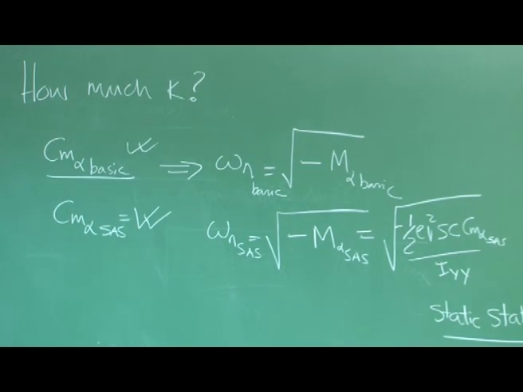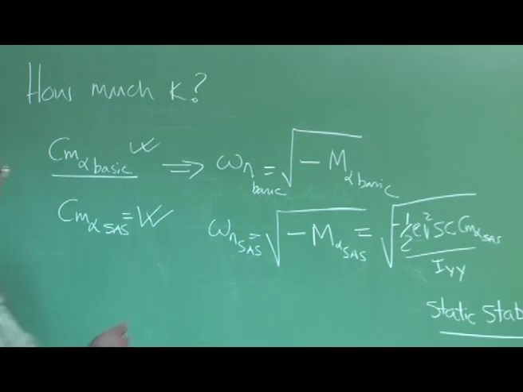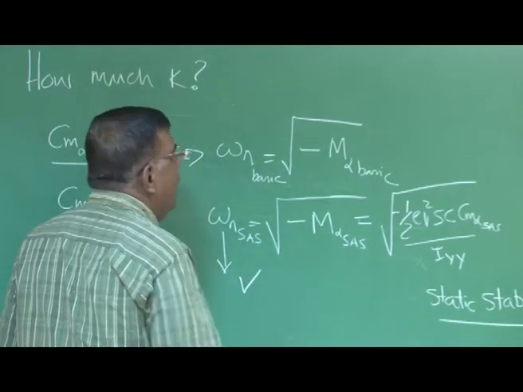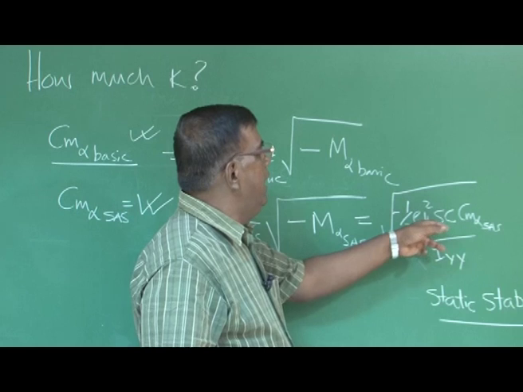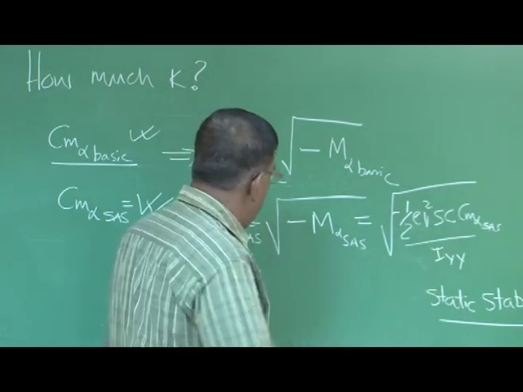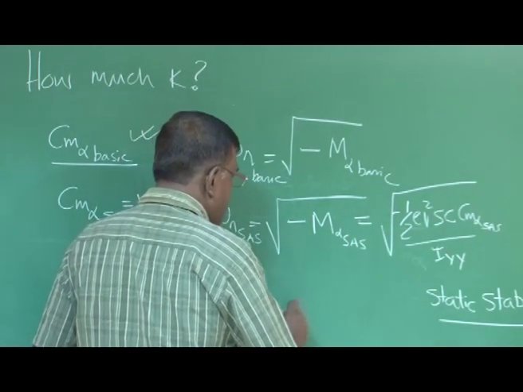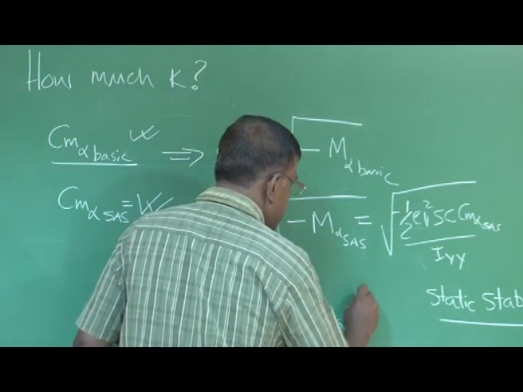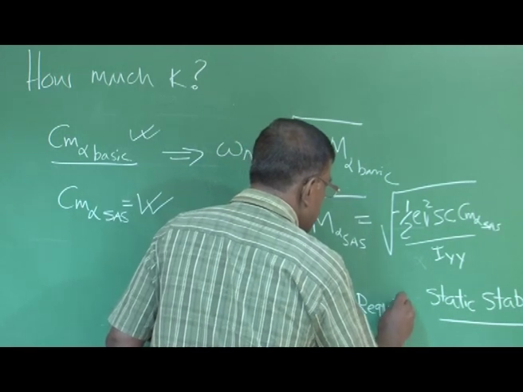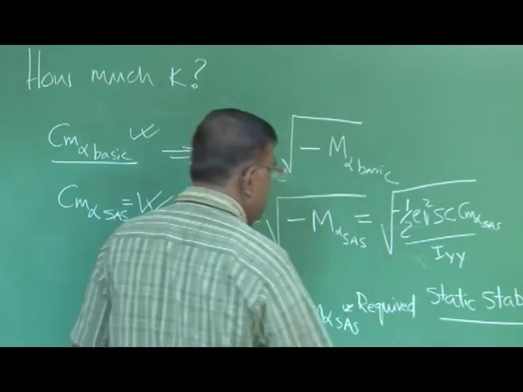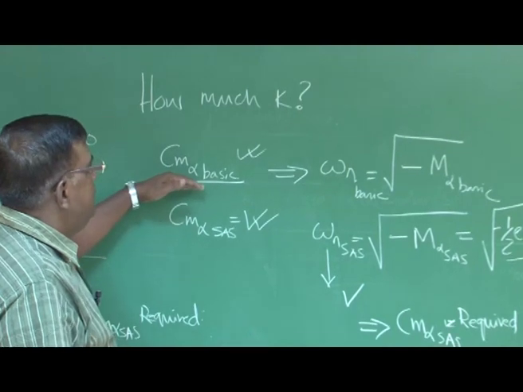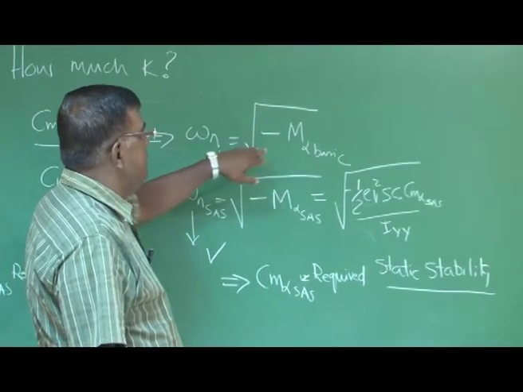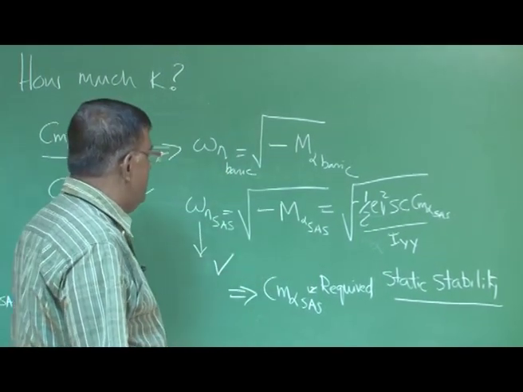Okay. So, if I know this value, how much I need, this is known. And if I know at what altitude I am flying, I know S, c, I know Iyy. So, from here, I can easily find out what Cm alpha SAS is required. You understand this? We know what Cm alpha basic is, and from there I know what omega n basic is, that is given by m alpha basic.